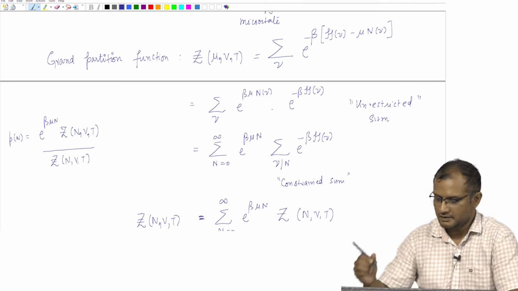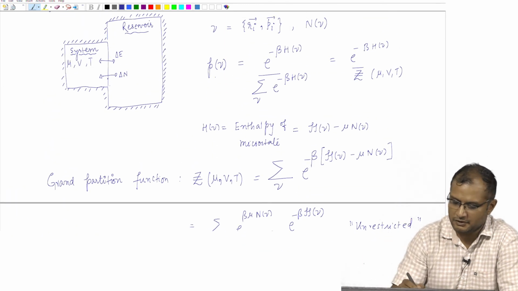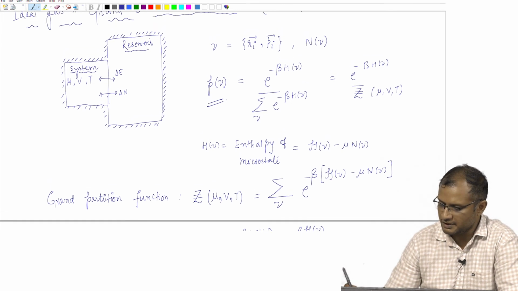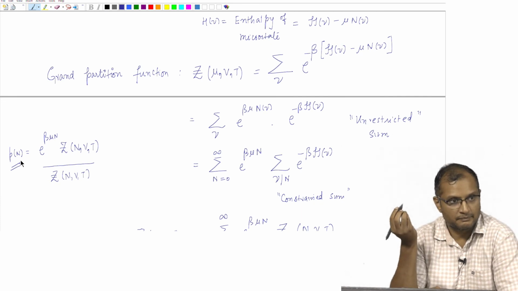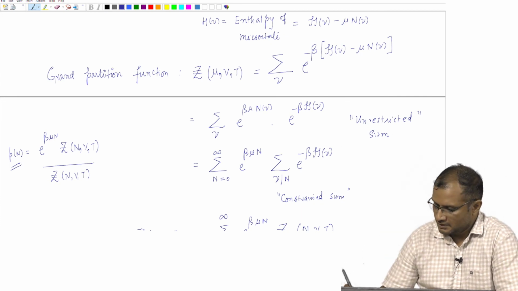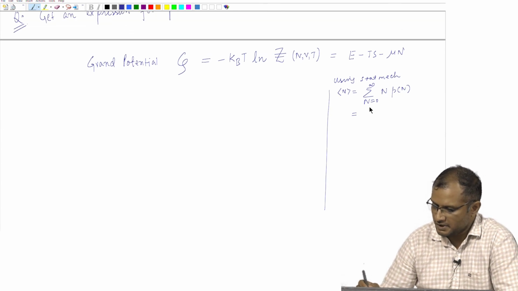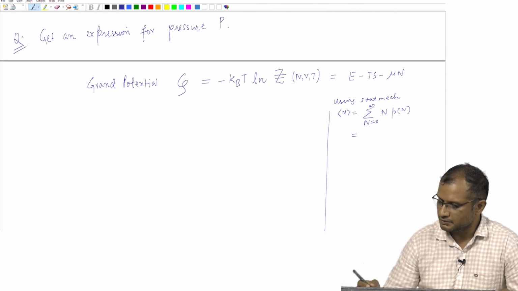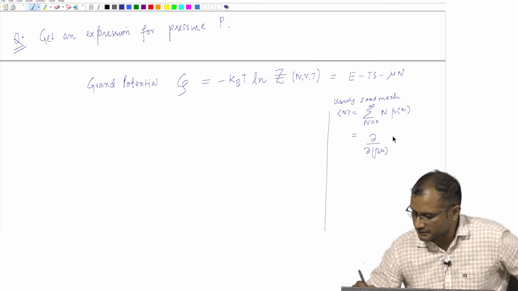This is a PDF. So, this was the probability to find microstate nu, but if you want to convert it into the probability of finding number of particles n, this is the PDF. Then you simply measure this, and if you want to pull out an n, you take a derivative with respect to beta mu.